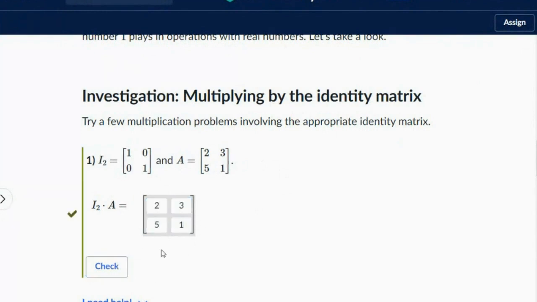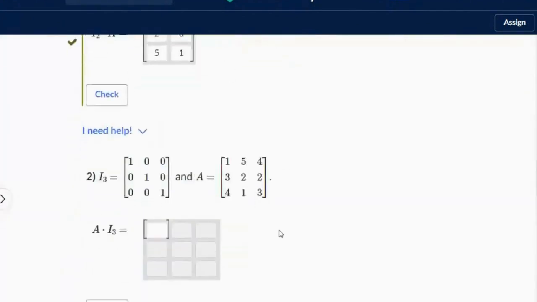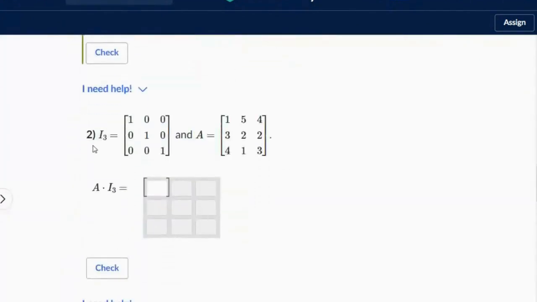Check. Correct. Look, this is an identity matrix, I3, multiplied by that. So we don't even have to do the math. If it's an identity matrix, it's going to end up exactly what it started as. I just copied A because the identity matrix times A is going to equal A. Oh, see, that's a nice shortcut.